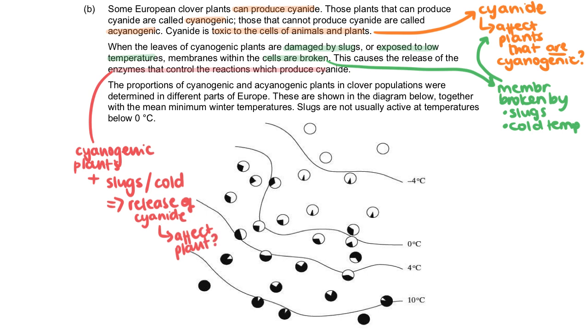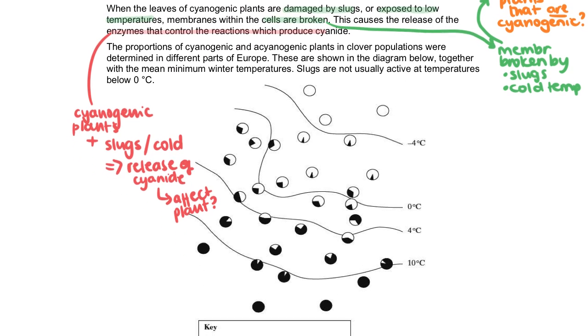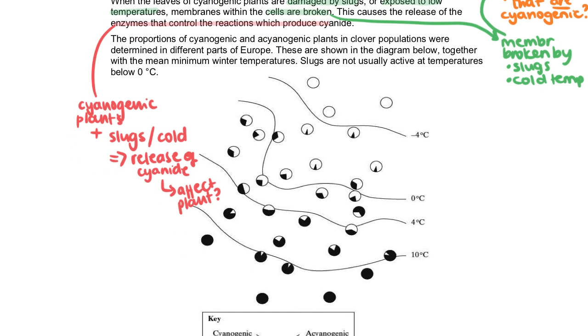The proportions of cyanogenic and acyanogenic plants in clover populations were determined in different parts of Europe. These are shown in the diagram below, together with the mean minimum winter temperatures. Final bit of this stem, which is really important: slugs are not usually active at temperatures below 0 degrees.